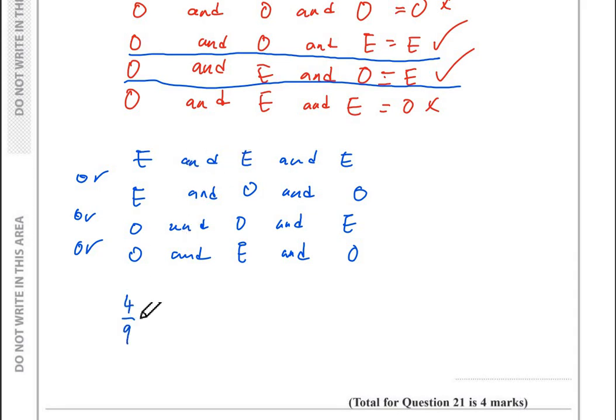times the probability of picking another even number. Well, notice that since we picked our first even number, we'll only have 3 even numbers left. And since we've picked our first card, we only have 8 cards left in total. So that comes to 3 over 8. Same thing happens again.